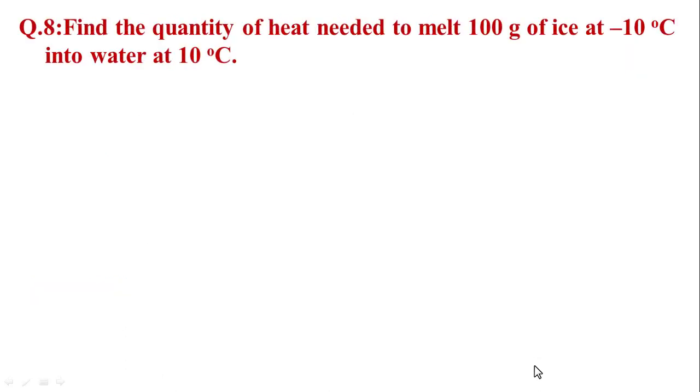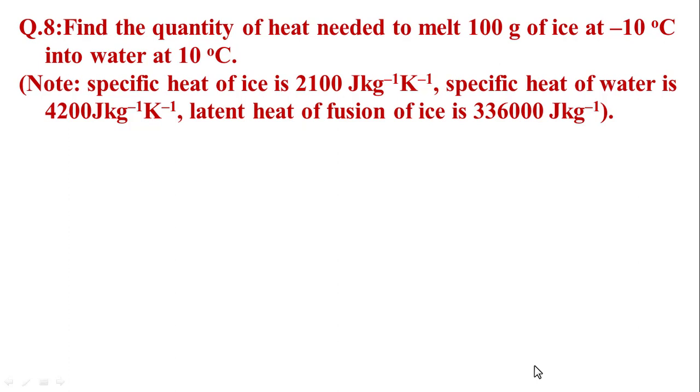In question number 8, the given statement is: find the quantity of heat needed to melt 100 gram of ice at minus 10 Celsius into water at 10 Celsius. First of all, the given notes are given. In some numerical statements these constant values are given and in some they are not given.